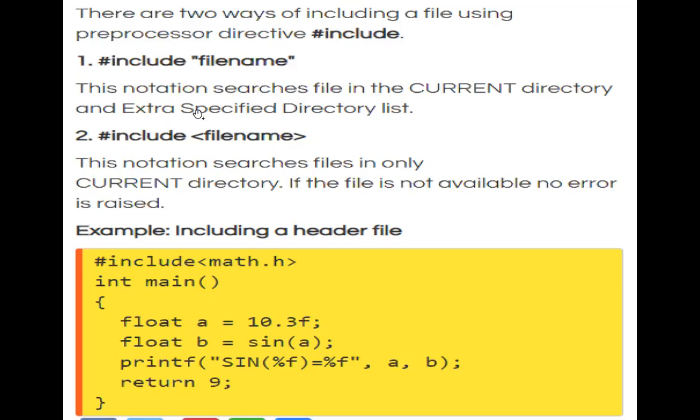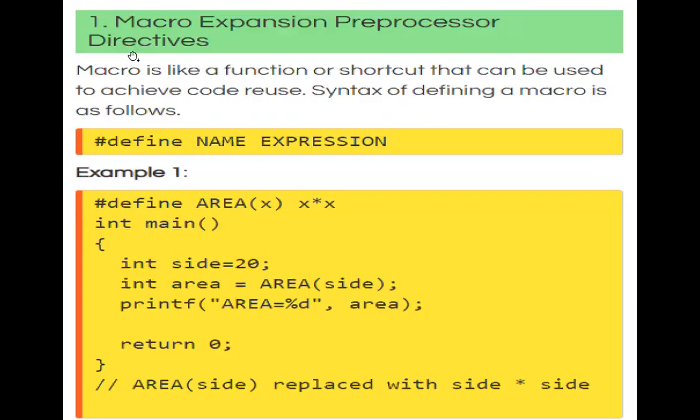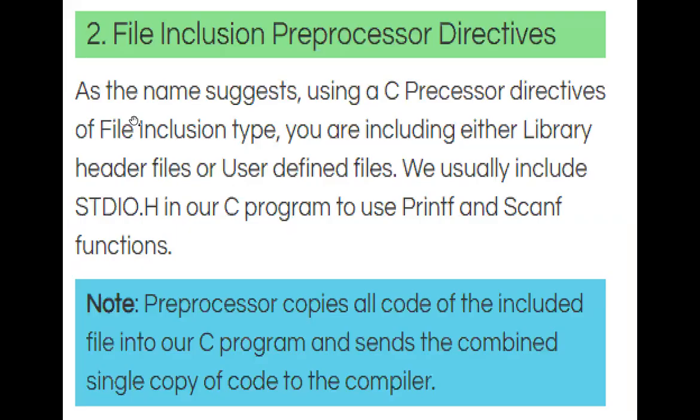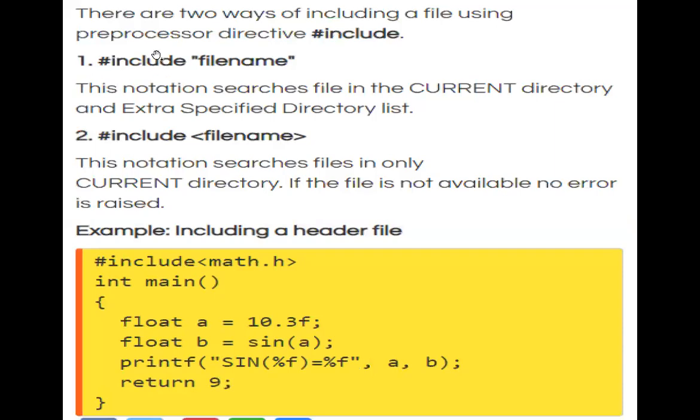File inclusion can be done by using the directive #include. As you have seen, preprocessor directives start with hash, macros are done by using #define, and file inclusion is done by using #include. You can write #include with quotes around the file name, or with less than and greater than signs around the file name.